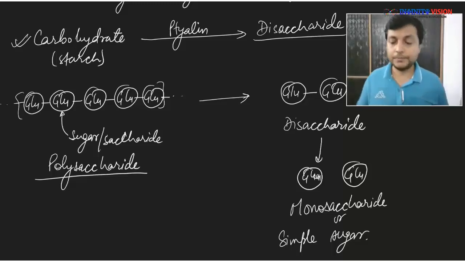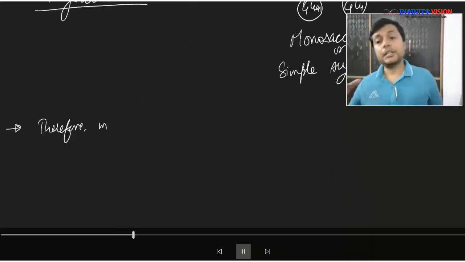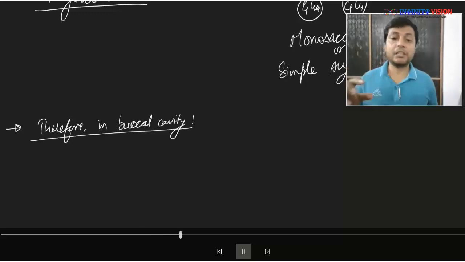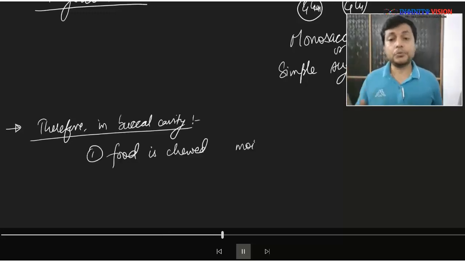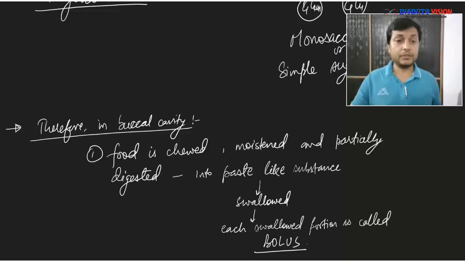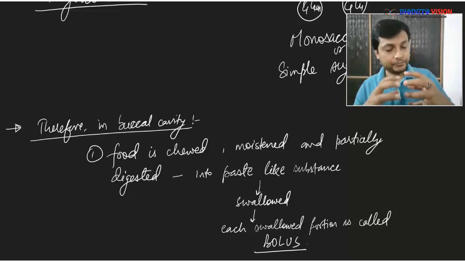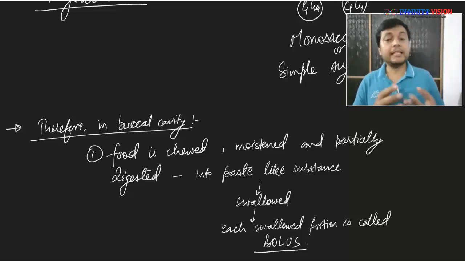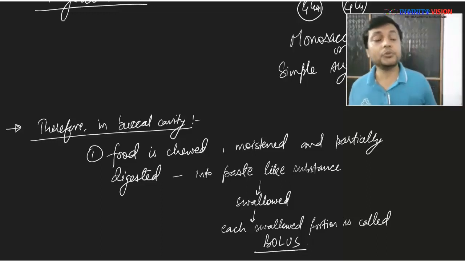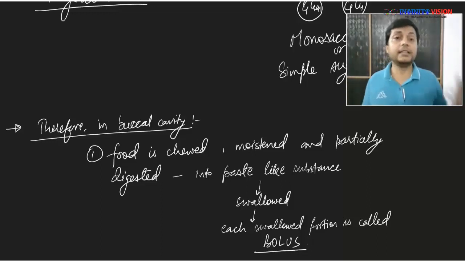Okay, very good. So what is happening in the buccal cavity is that the food is chewed with the help of teeth, then it is moistened with saliva, and then partially digested with the help of ptyalin enzyme into a paste-like structure, and then it is swallowed. This paste-like substance which is swallowed is called bolus.